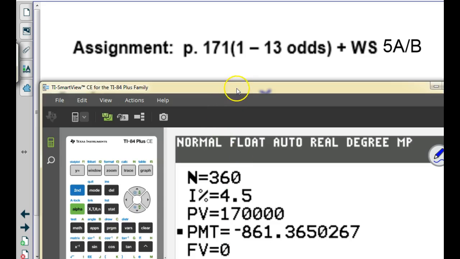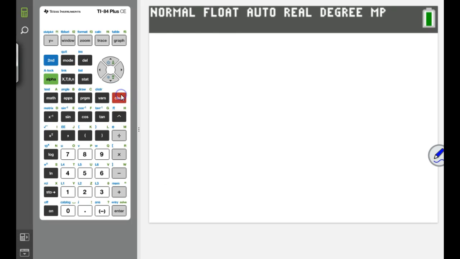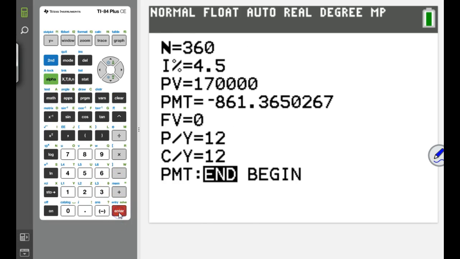All right, so if I had been out of this, again, how do I find it? Okay, apps, enter a couple times. It was 8 times 4, 8 years quarterly. The interest was 5.5. Present value is 0.